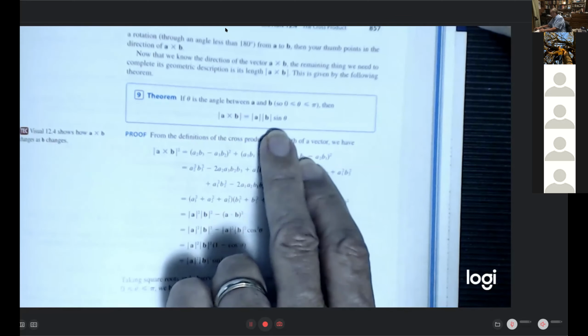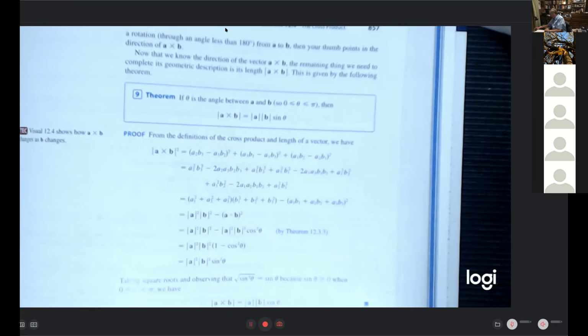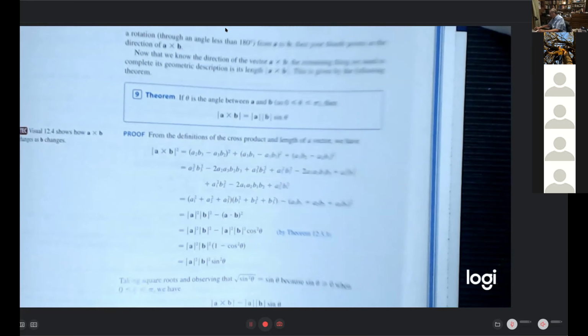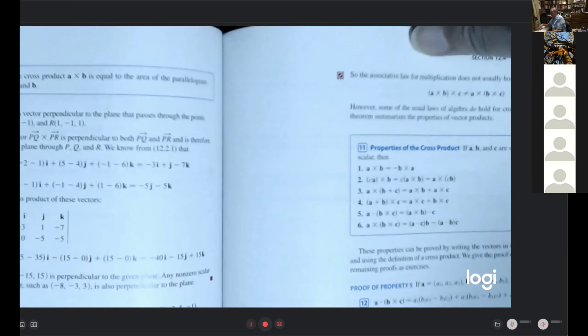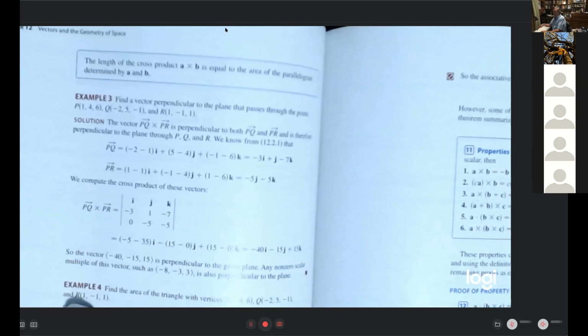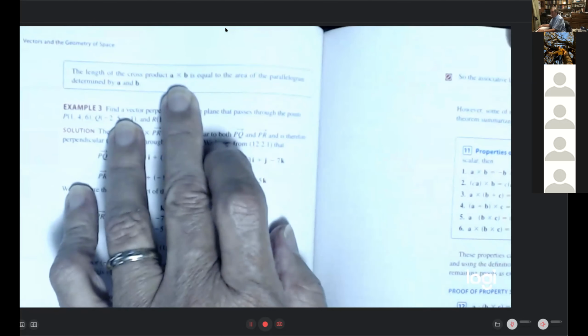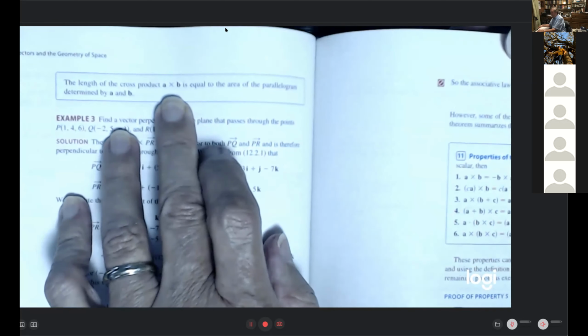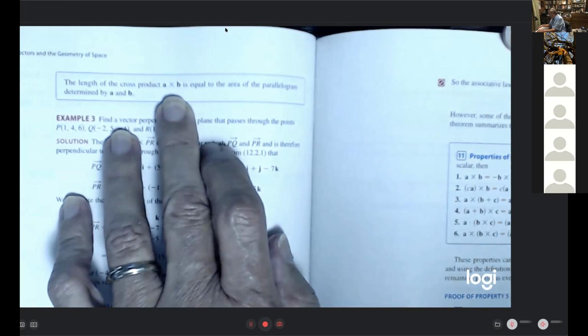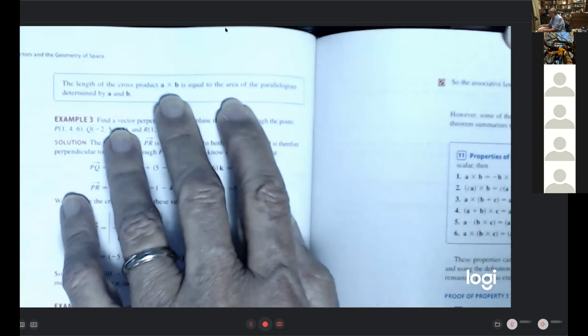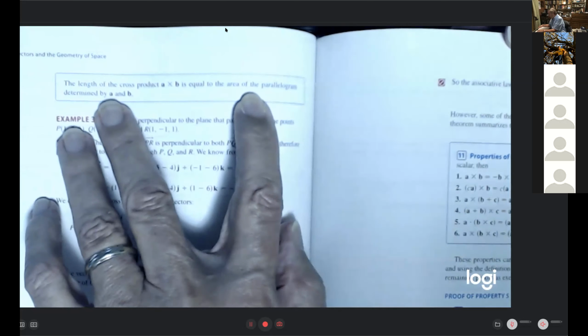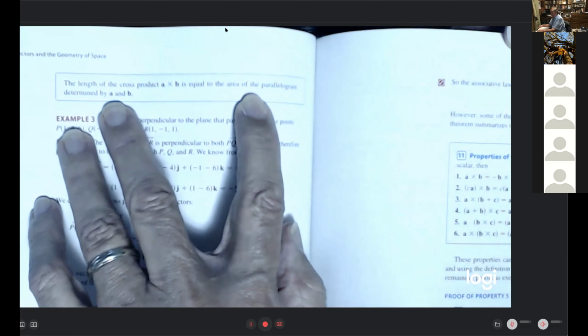Okay. This also will give us the next thing the author talks about on the next page, which is that the area, and I hope this is readable to you, the length of the cross product, that's just what we just talked about, because the norm of the cross product is also the length of the vector, is equal to the area of the parallelogram determined by the two vectors.